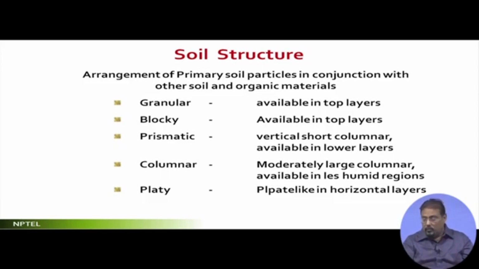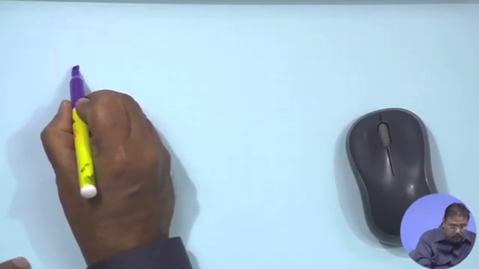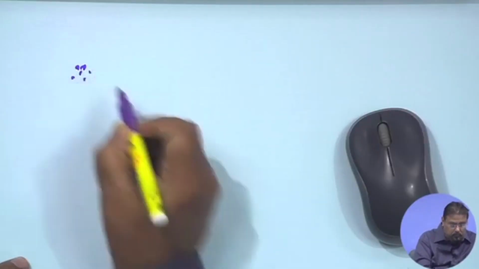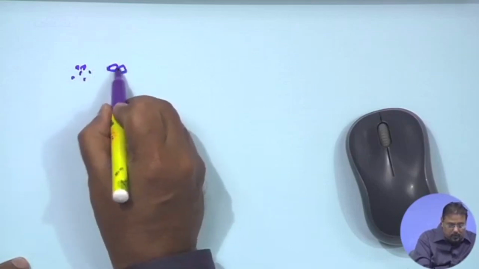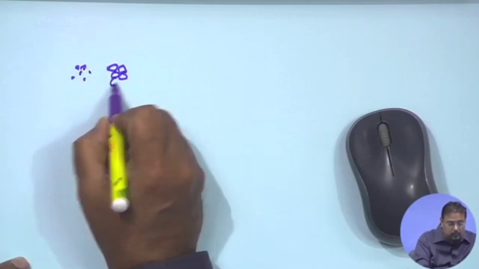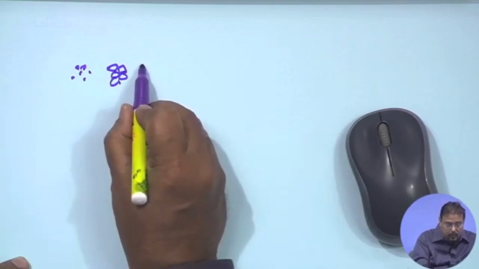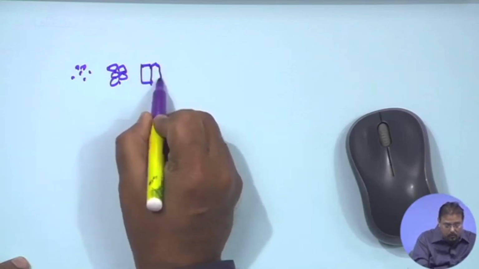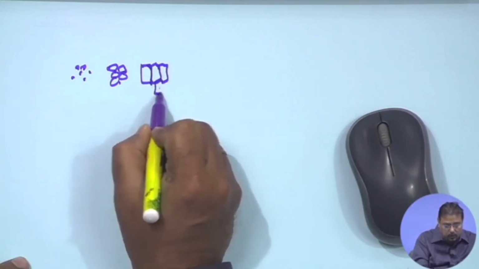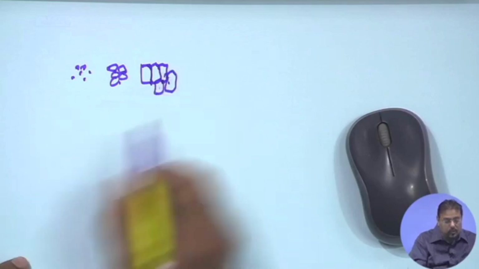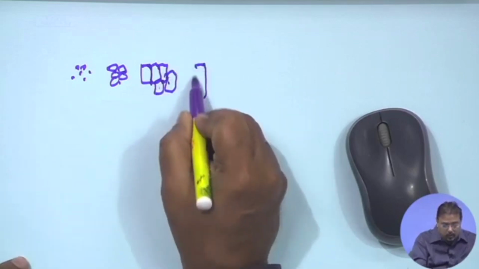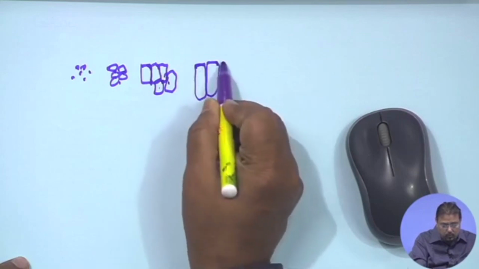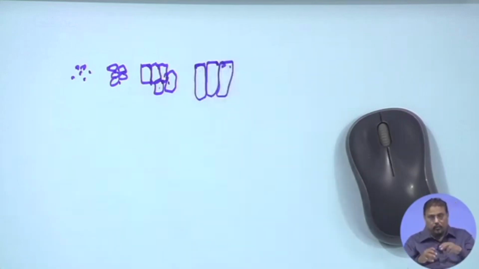Okay, I think I should give you a little bit of idea of this. Very small granular, and this is granular, and these are the blocks which are prismatic in different forms, and this is columnar, slightly more profile like this.